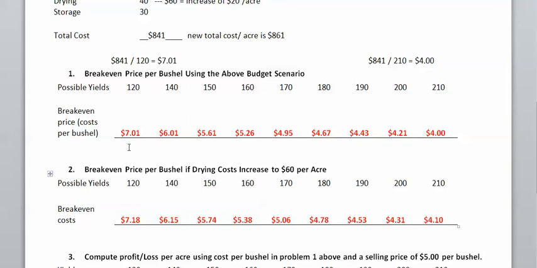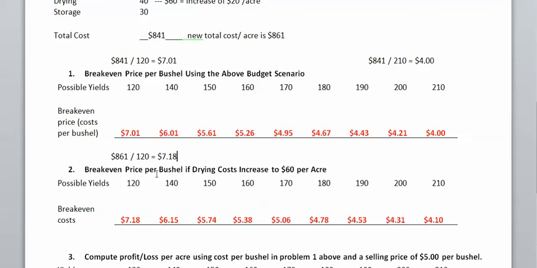And you can see our answers are provided here. $861 divided by 120 bushels is $7.18. It's actually 7.17 and a half. We're going to round up to 7.18.